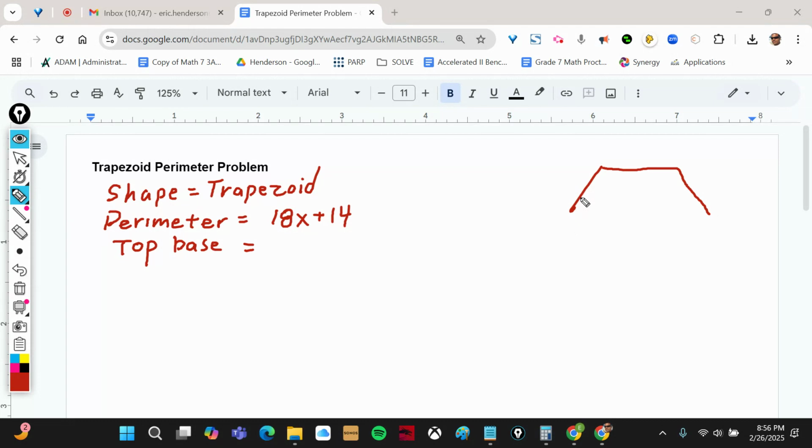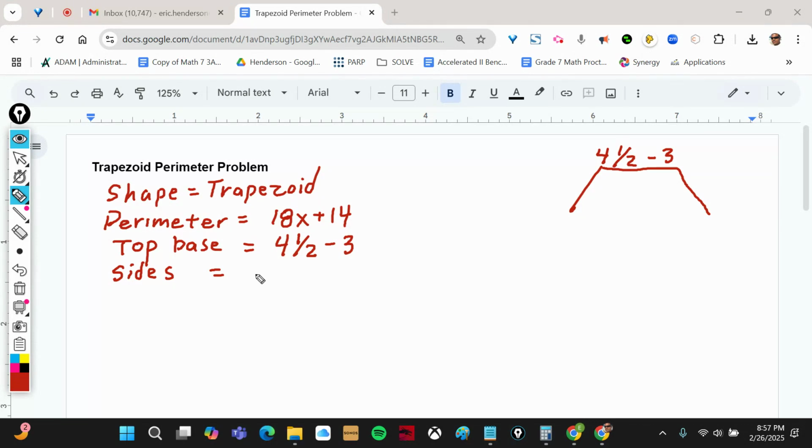Bear with me, I told you. All right, so the perimeter, we're talking about the entire outside. The top base is 4.5 minus 3. So this is 4.5 minus 3.